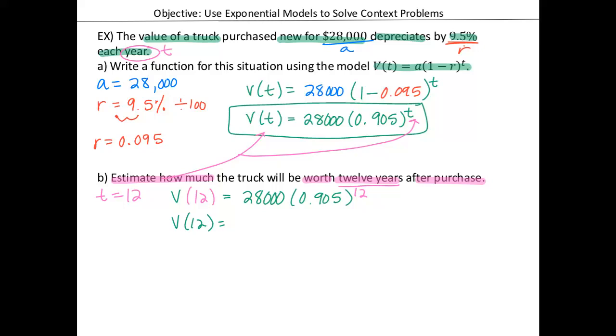And go ahead and share with your partner what did you guys get for your answer. Remember we're talking about money, so you wanted to round to the hundredths place, your cents. All right, let me call somebody.